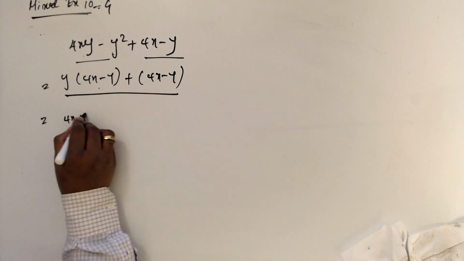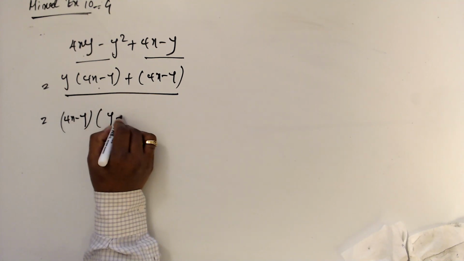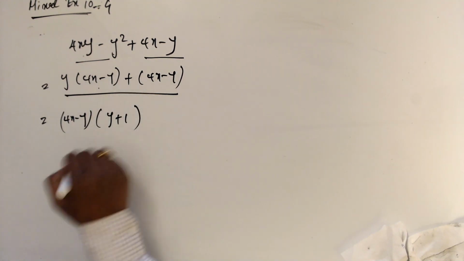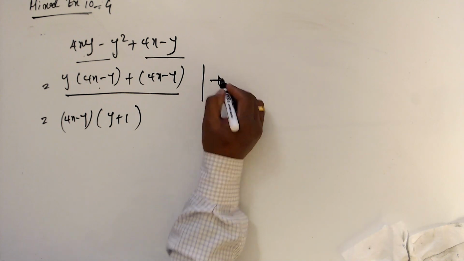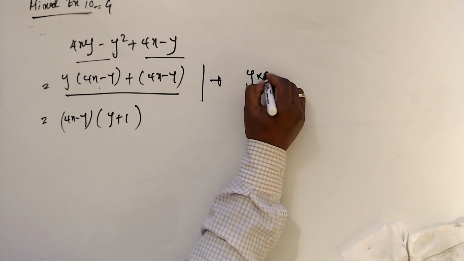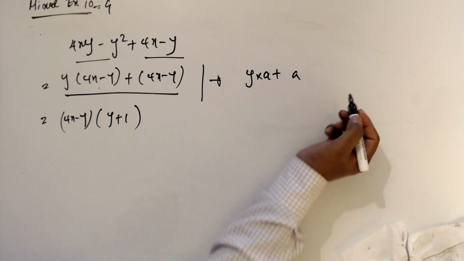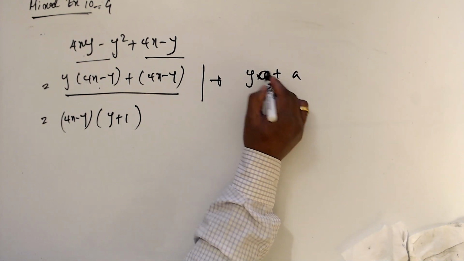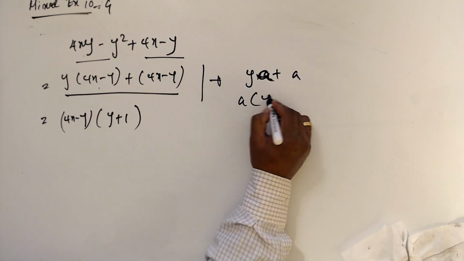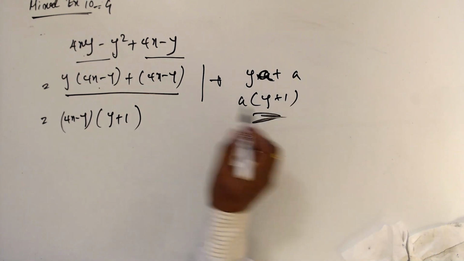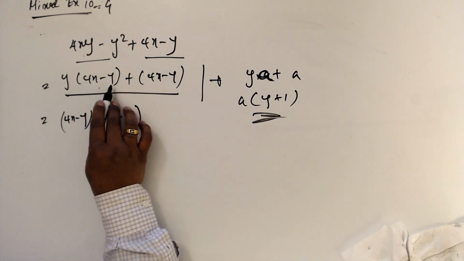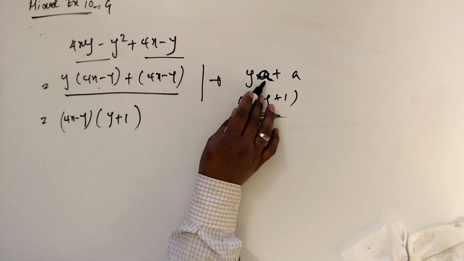Take 4x minus y, then y plus 1 here. If it is confusing you can write y times a plus a. You can take a out, and this is y plus 1. Instead of 4x minus y, I wrote a.